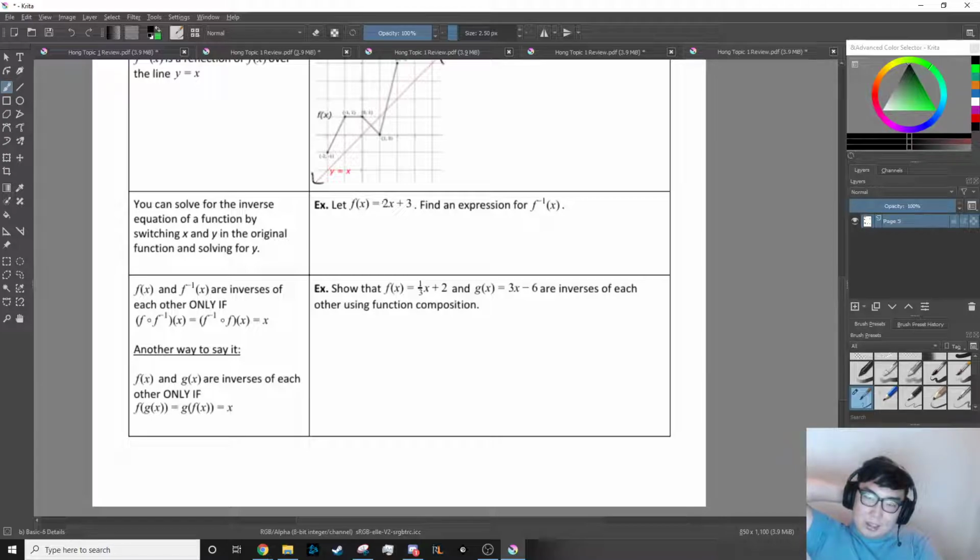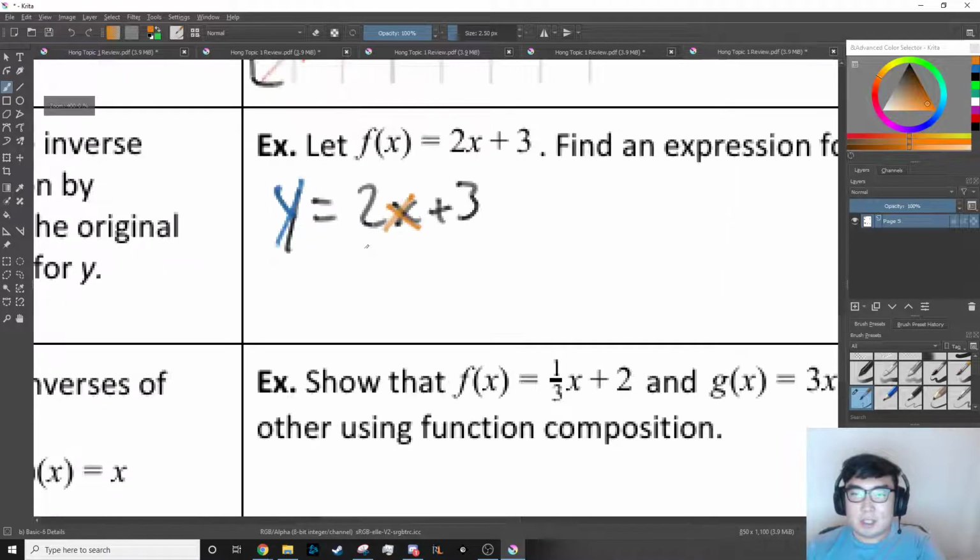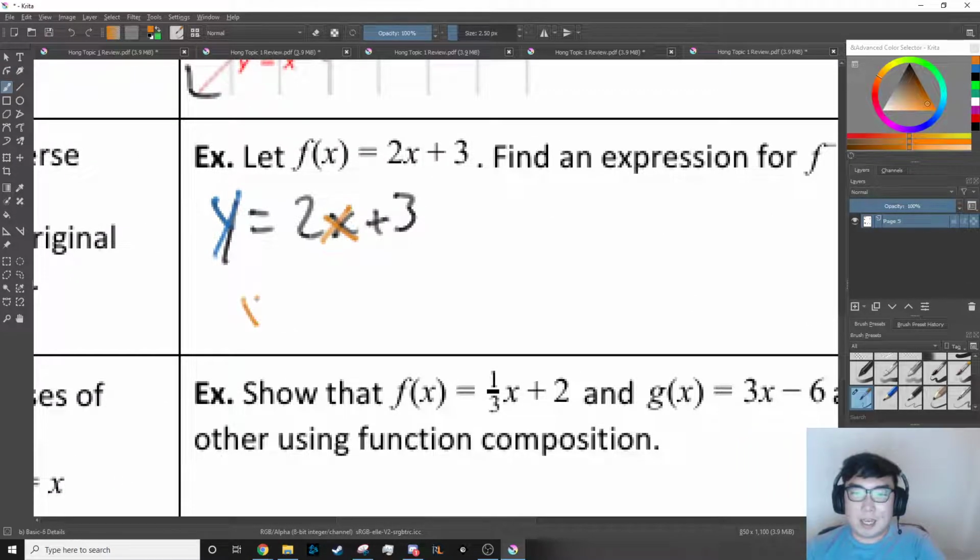f(x) is 2x + 3. Find the expression of this. So what I have to do is really just switch my variables. y = 2x + 3. And if I make this y blue and I make my x orange, then really what happens is that x = 2y + 3.